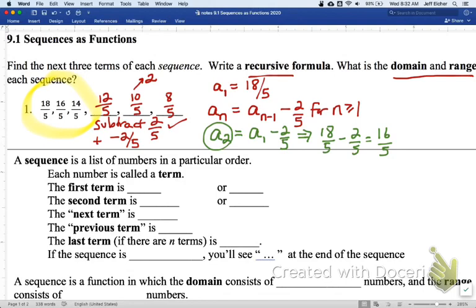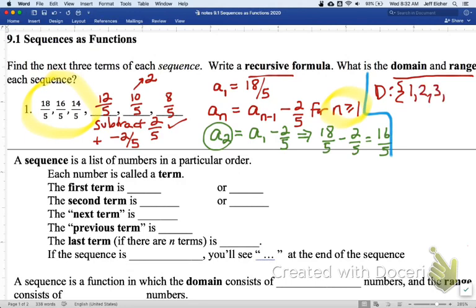Okay, and then lastly, for our domain and range, our domain is the set of natural numbers. It's the set of natural numbers because, like we said right here, n's greater than or equal to 1. That means our domain is 1, 2, 3.